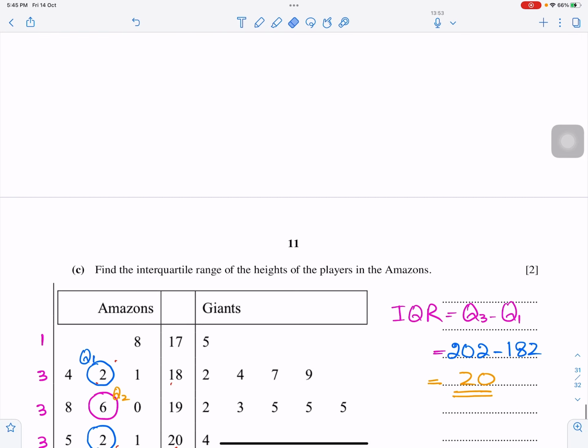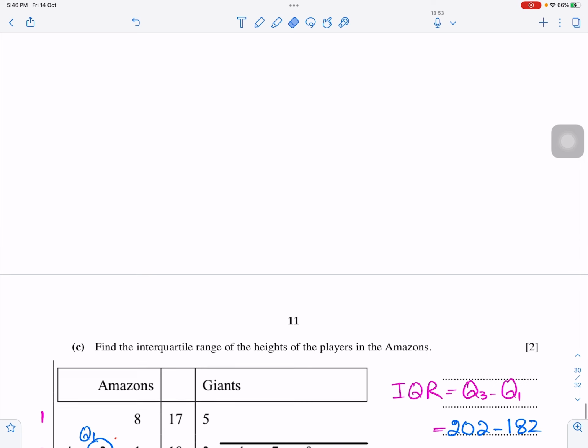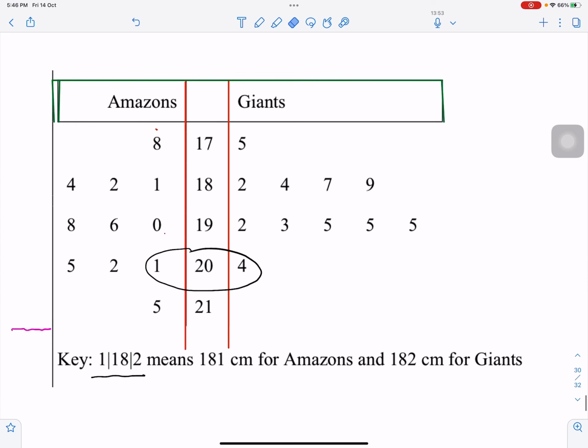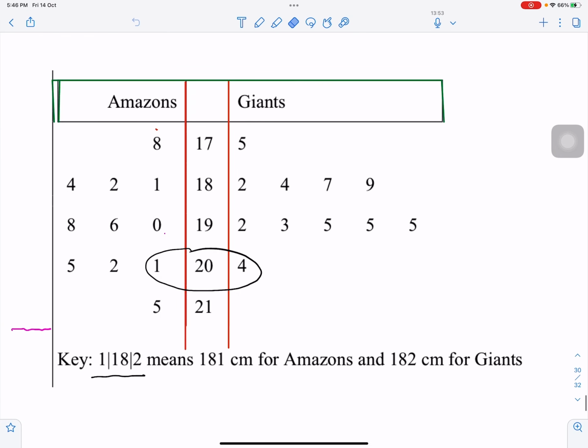So let's see the next part of the question, which says find the interquartile range of the heights of the players. Now, when the data is given to you here, you have to find out Q1, which is the lower quartile, Q2, which is the median, and Q3, which is the upper quartile.